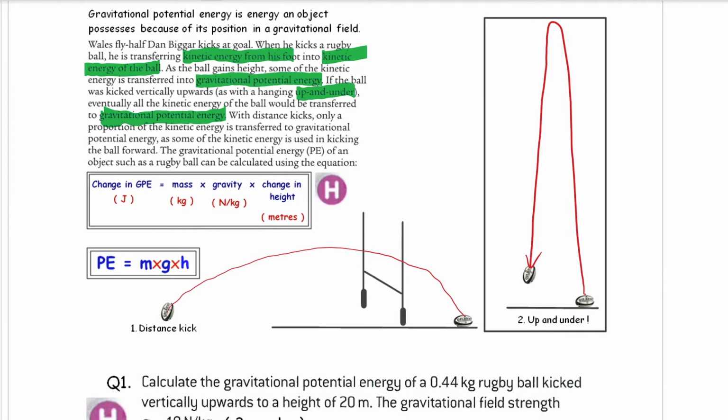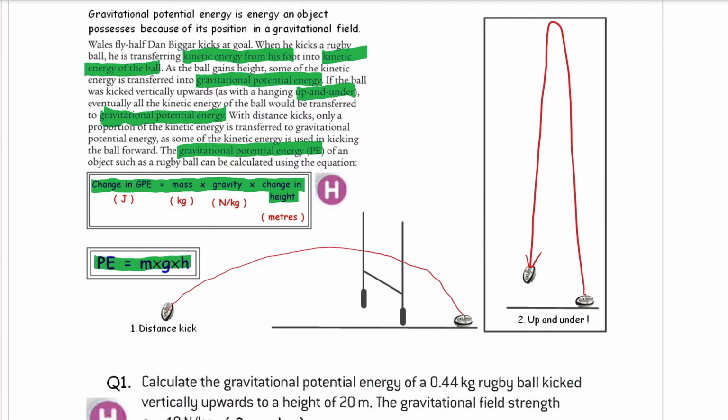And it's telling us how to calculate the gravitational potential energy by using this new equation here. Again, it looks a bit more complicated than what we've used previously, but believe me, you won't have any problems with it. You're just multiplying three numbers together.